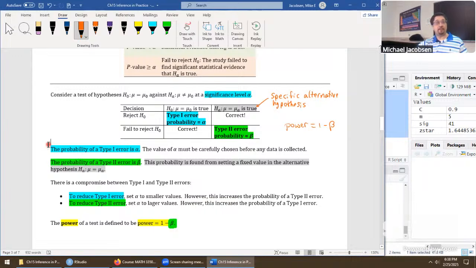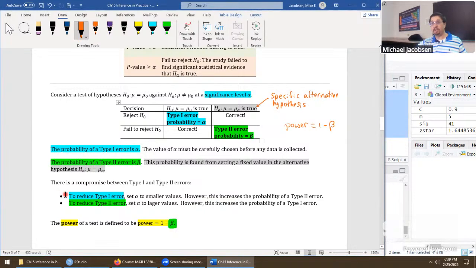Probability of type 1 error is alpha, like we mentioned, and the value alpha has to be carefully chosen. Because what we're really trying to do when we set up a statement of competing hypotheses is we're balancing the direness of making a type 1 mistake versus how bad it is to make a type 2 mistake. If we can balance both of them simultaneously, then we're planning the study in a wise sense.